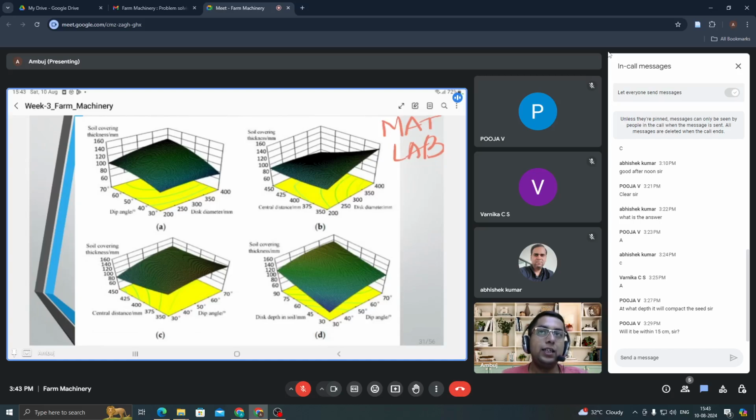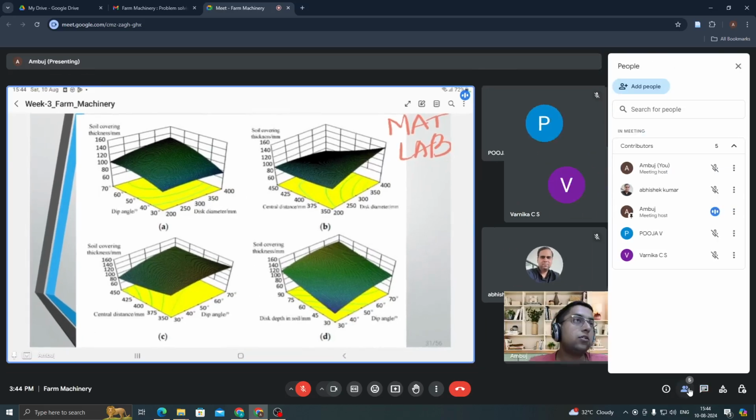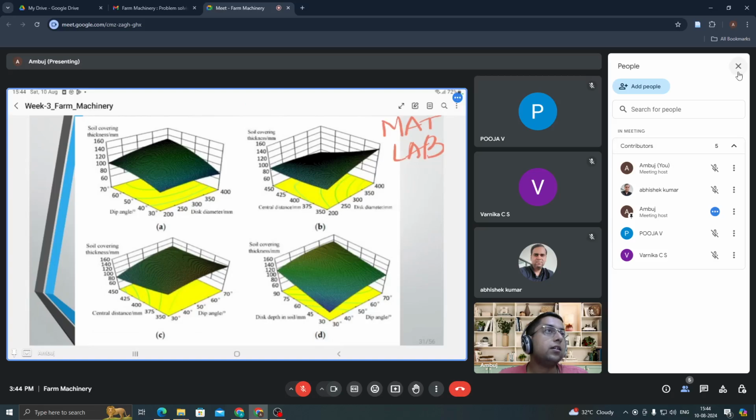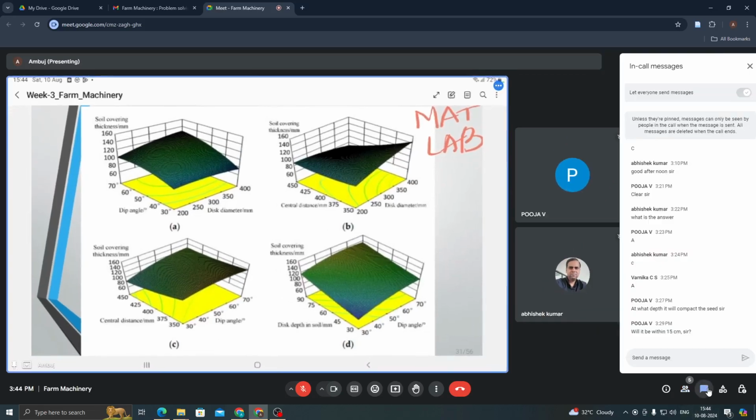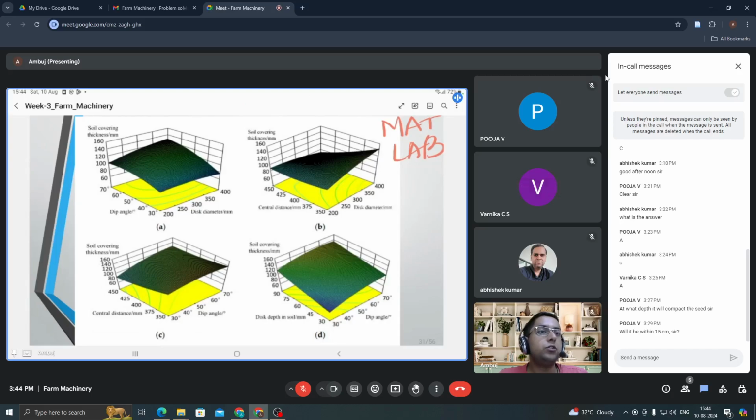Then you would be able to visualize how these parameters are varying, how one parameter varies with respect to another. You would be in a better position of visualization.